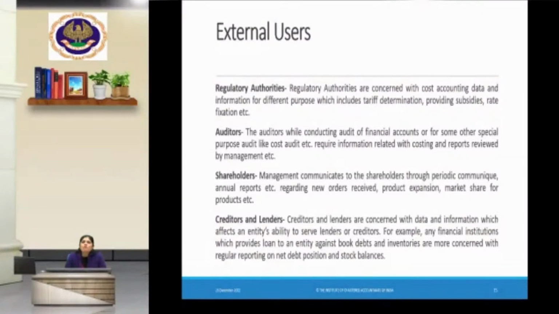So they will see how much inventory I'm maintaining. All right. So if they want to give a loan against that inventory, they should know what minimum level of inventory I always maintain. So similar information the creditors or the lenders might want if they want to give a loan to our organization. They are more concerned with regular reporting on net debt position and stock balances. So all these are, of course, the requirements of the creditors and the lenders.